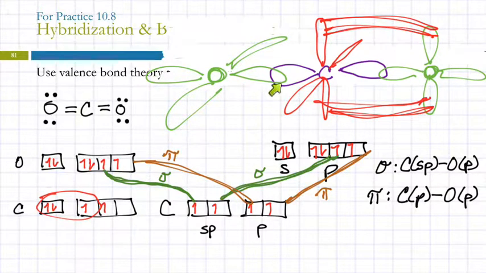So here I've got that sigma carbon sp oxygen p. That's that guy right there. And then I'm going to get a pi bond here. Here's carbon's other p orbital, the one that's sticking in and out, and that's going to overlap with this one. It's also a pi CpOp. Any questions?